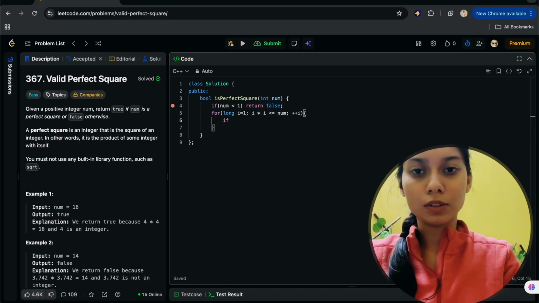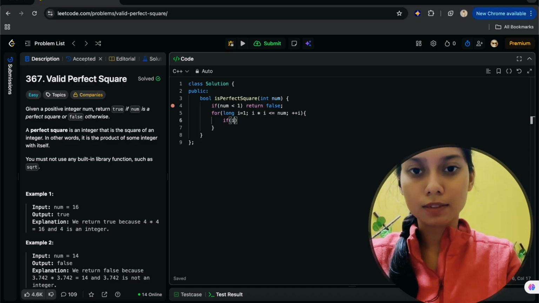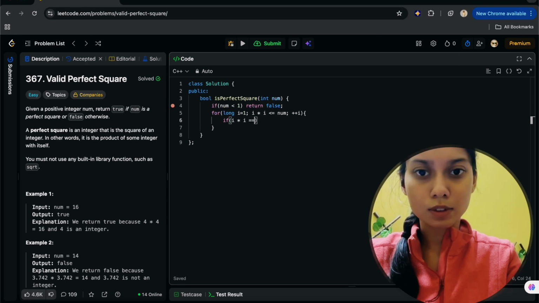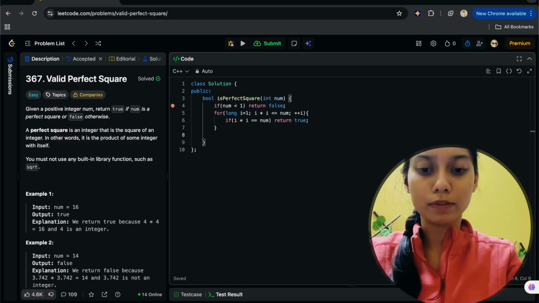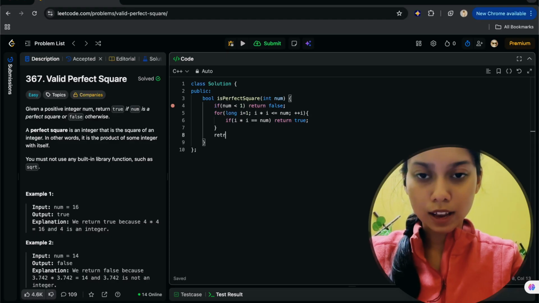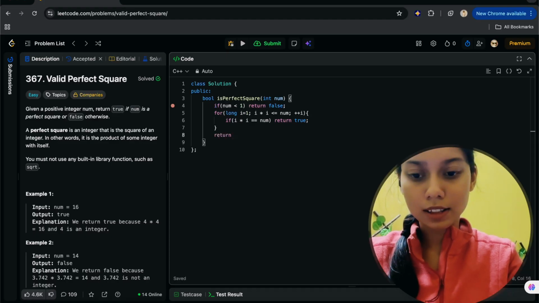Inside this, we check our case: if i times i is equal to num exactly, then we return true. And outside the for loop, if we do not find any such number, then we return false.